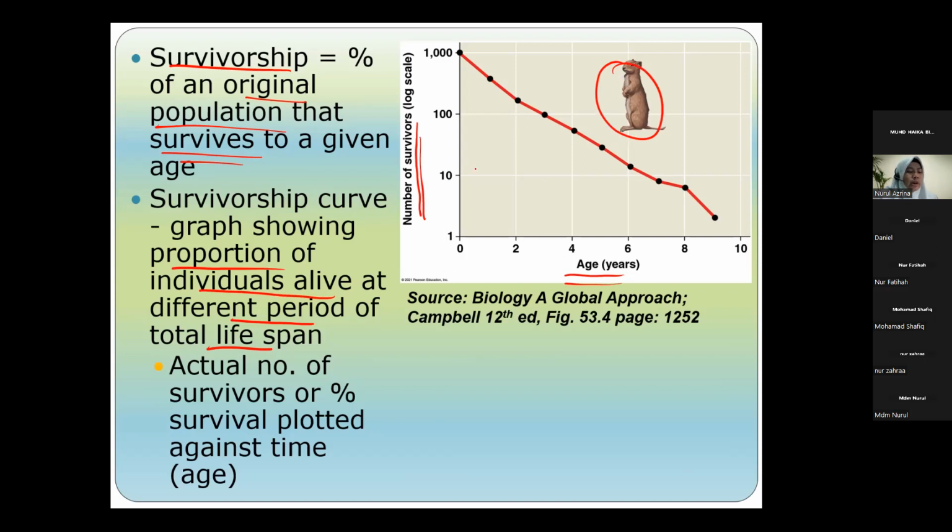So this Belding squirrel, you can see the number of survivor is actually decreasing constantly over age, right? Maksudnya the number of survivor dia not really depending on age. Dia elok je lah constant, right? As the age increases, the number of survivor decrease constantly. So this is for Belding squirrel. Okay, so this is what shown by the survivorship curve.